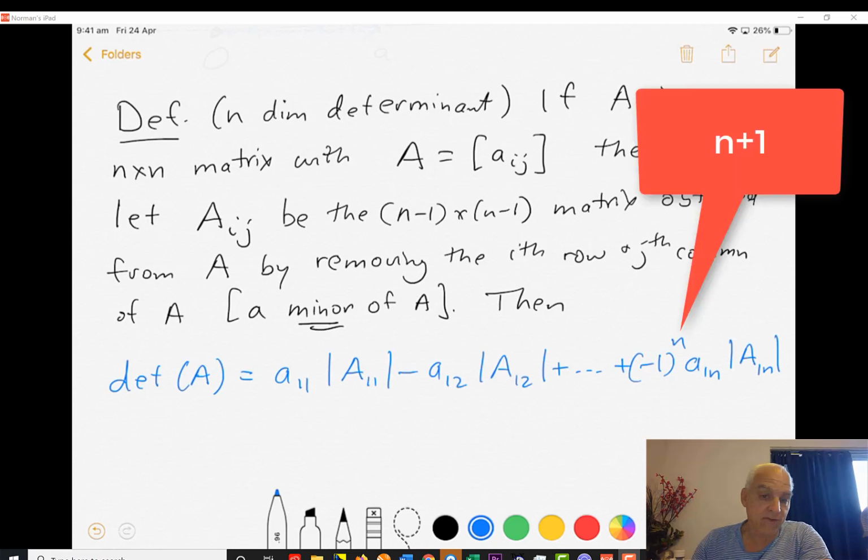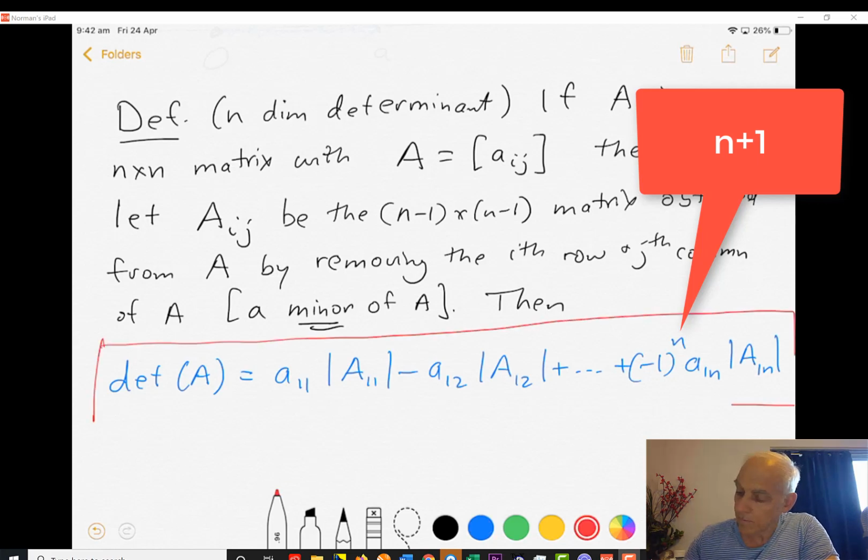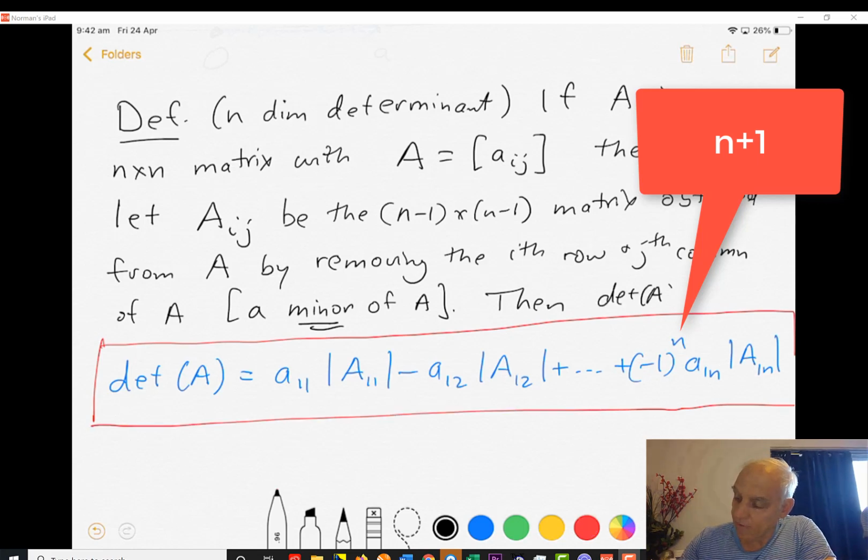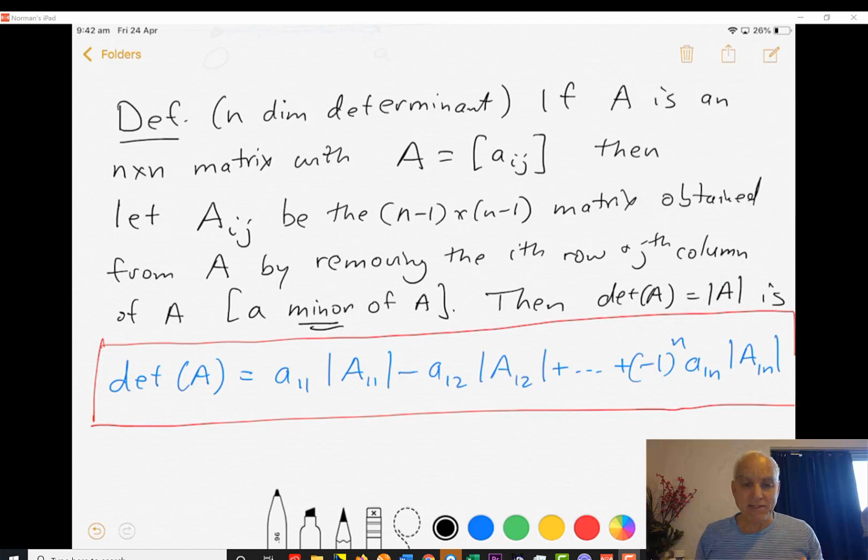So alternating plus or minus depending on whether n is even or odd. That is an inductive definition. And maybe I should say the determinant of A, which is also written as A in absolute value bars, is given by the following. So this is inductive because the n by n determinant depends on evaluating n minus 1 by n minus 1 matrices.